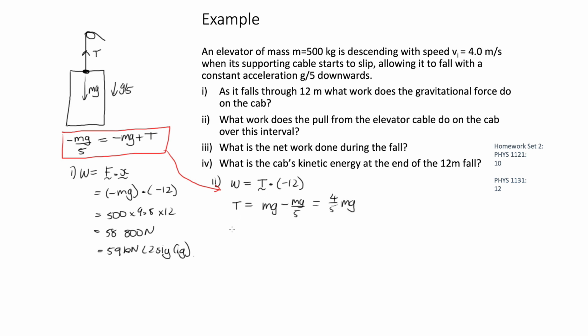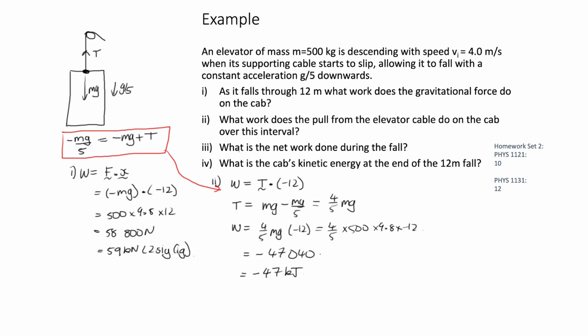So now we can substitute that into the work. So now we've got 4/5 times mg times minus 12, which is equal to 4/5 times 500 times 9.8 times minus 12, which when we solve it on the calculator, we get minus 47,040, which we can write as minus 47 kilojoules.